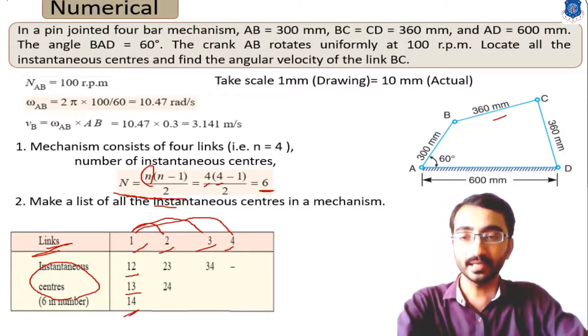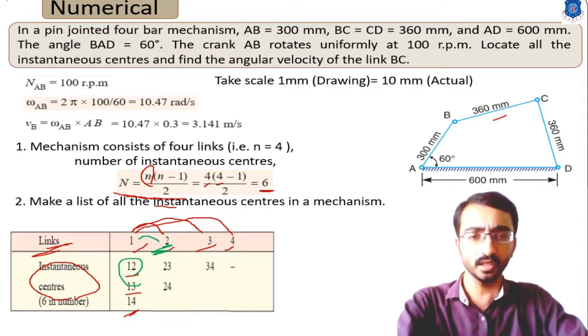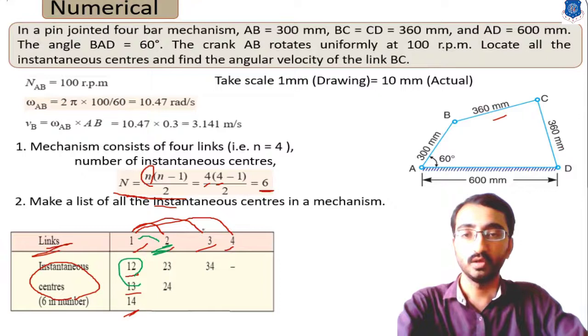Now next, link number 2. Link number 2 will be making contact with 1, that is 2 1 or 1 2, both are the same. Now 2 will pair up with 3, so that's why 2 3, and 2 will pair up with 4, that's why 2 4.